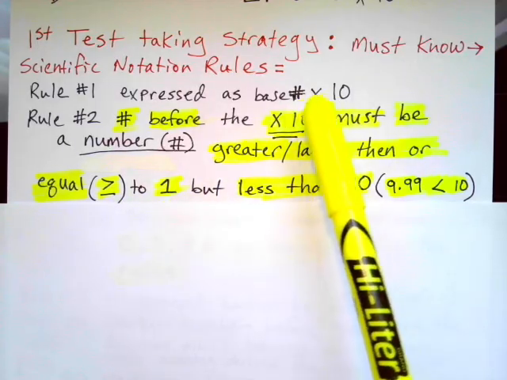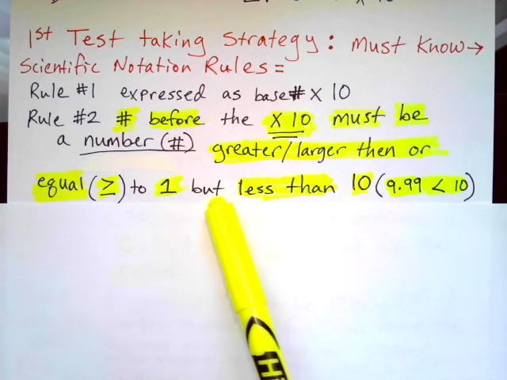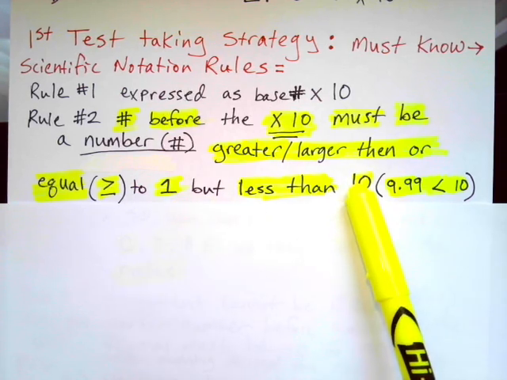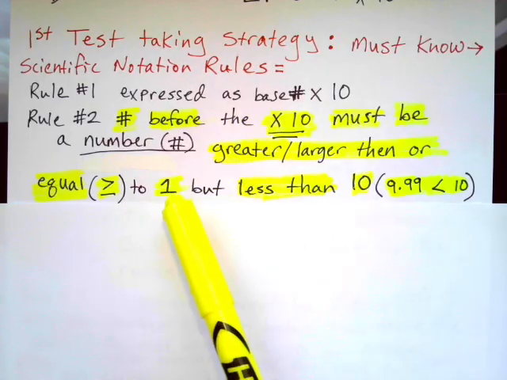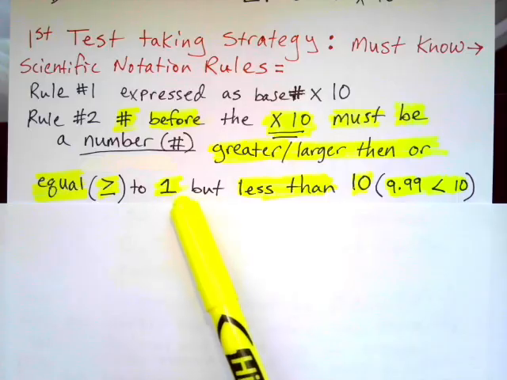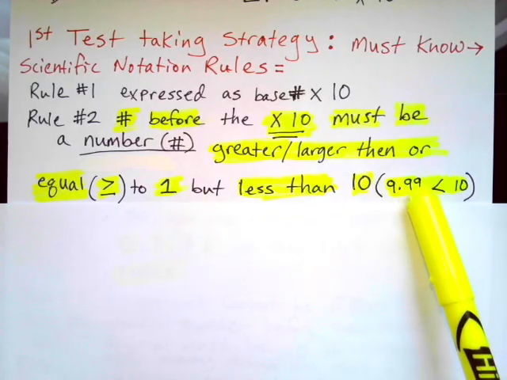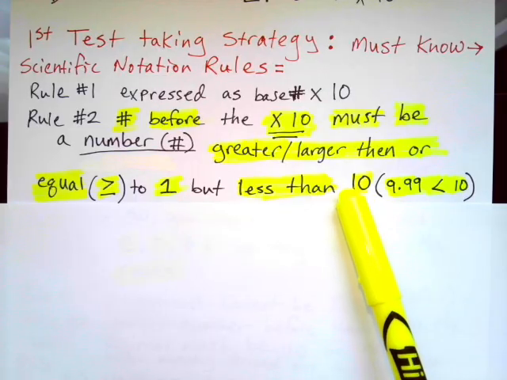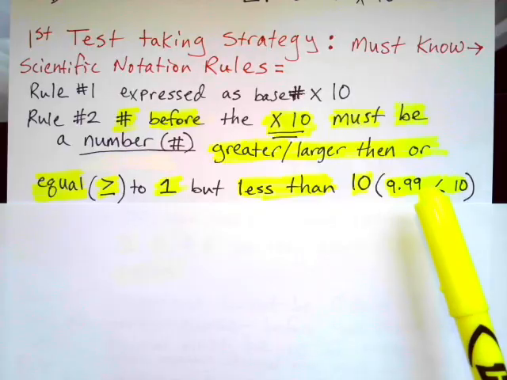So that number in front of that base times 10 has to be 1 or greater. So it's got to be equal to 1 or larger, but less than 10, right? So that number in front of that times 10 has got to be at least a 1, but it cannot be 10 or greater. So 9.99 is just under 10. So between 1 and 9.99.